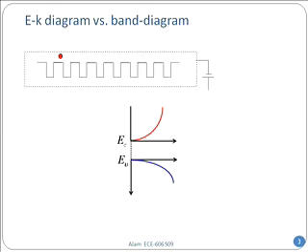So now if you want to look at this in the EK diagram, consider an electron sitting at a certain k away from the center. Naturally, with respect to the bottom of that band, it has a certain amount of kinetic energy, h bar squared k squared divided by 2 m naught, right? That's the amount of kinetic energy it has.